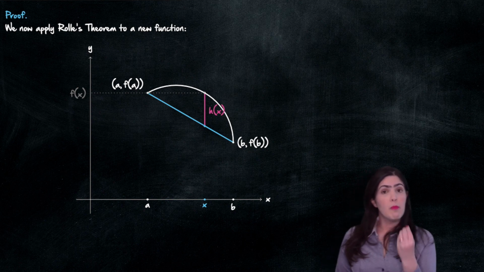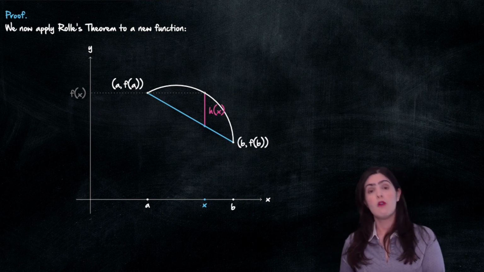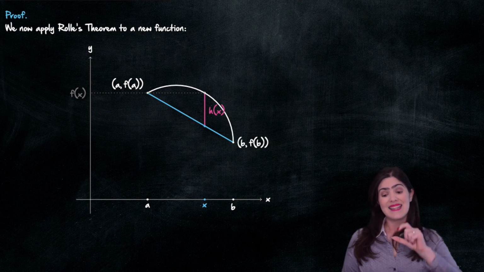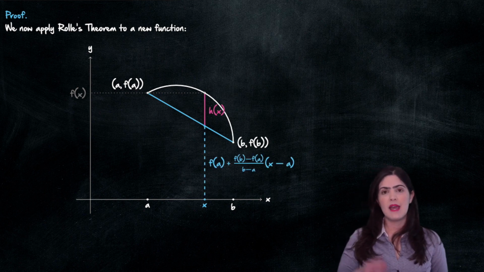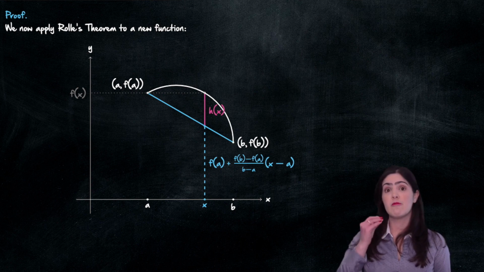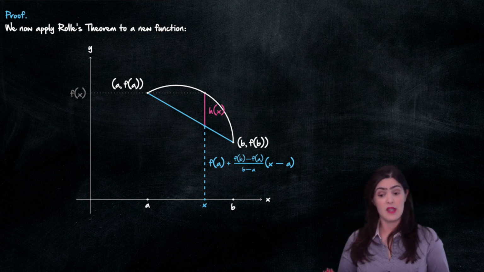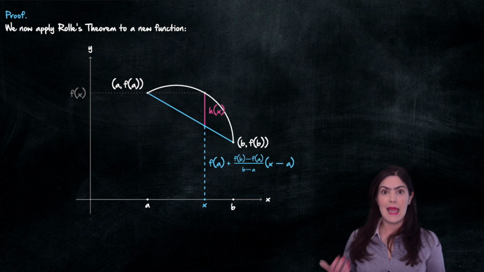So if I use the point-slope form for a line, then I can see that this height up to the blue line is given by f(a) plus (f(b) minus f(a)) over (b minus a) times (x minus a).